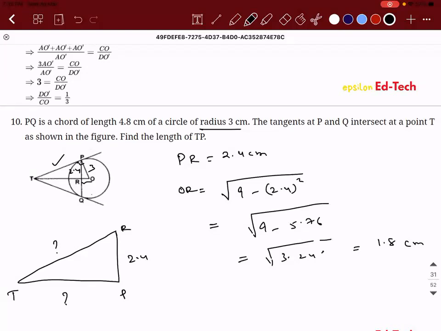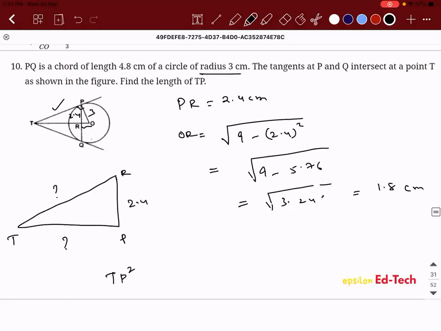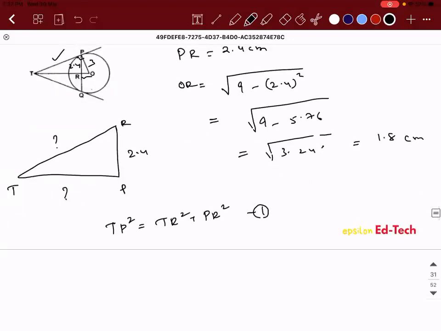Or else we can take this also. TP square is equal to TR square plus PR square. Let me take it as equation number 1. Similarly, if I take this as O, then OP is equal to 3.